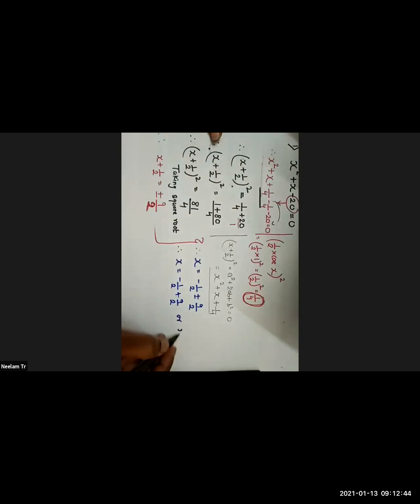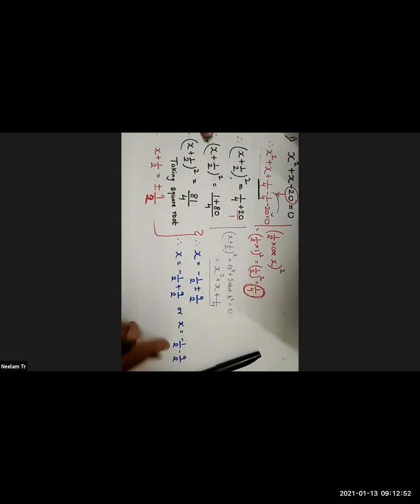Minus half plus and minus 9 by 2. So you will get two values of x. X is equal to minus 1 by 2 plus 9 by 2 is your first root, and the second will be x is equal to minus 1 by 2 minus 9 by 2.